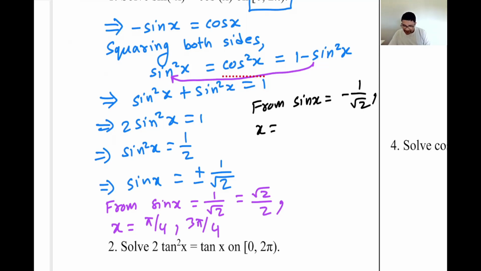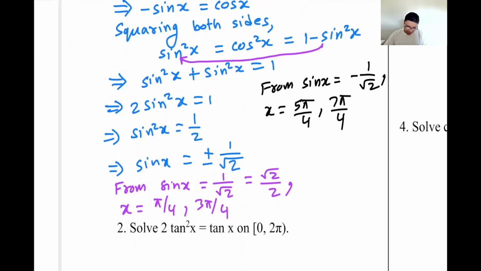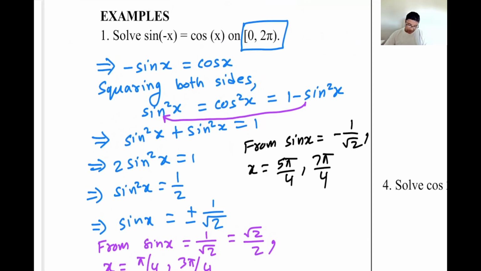So in the third quadrant, it will be pi plus pi over 4, which is 5 pi over 4. In the fourth quadrant, it will be 7 pi over 4. However way you know how to find those angles, use that knowledge. So we have 4 solutions here: pi over 4, 3 pi over 4, 5 pi over 4, 7 pi over 4.